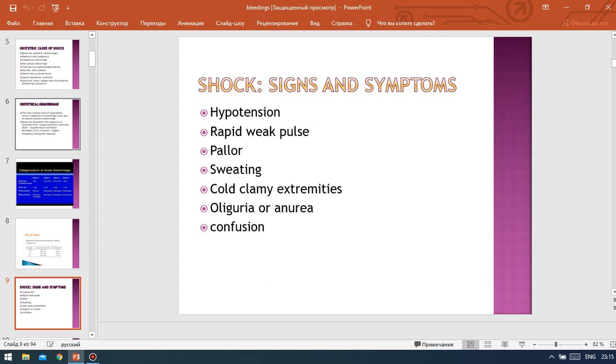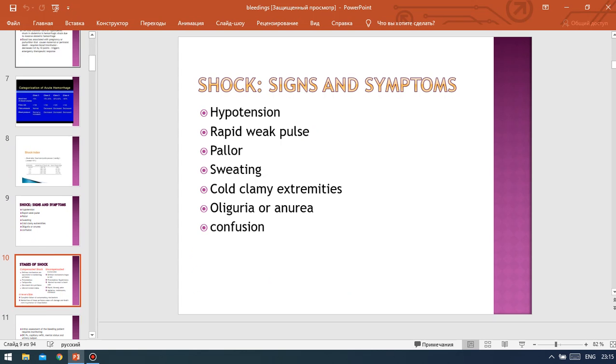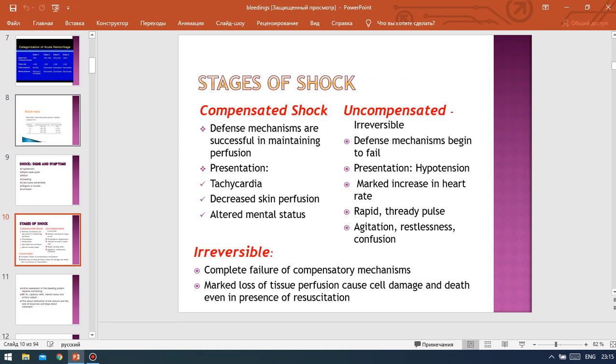Signs and symptoms of shock: hypotension, rapid weak pulse, pallor, sweating, cold clammy extremities, oliguria or anuria, and lastly confusion. Stages of shock: compensated shock, where defense mechanisms are successful in maintaining perfusion.